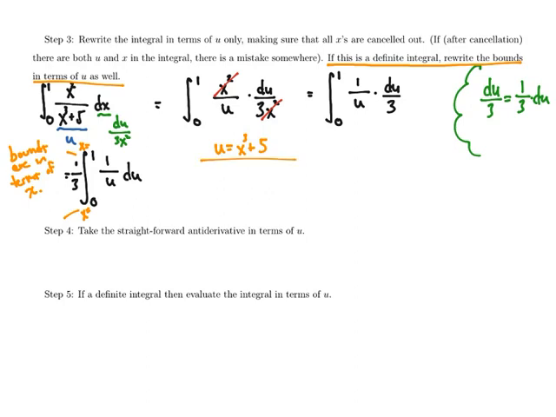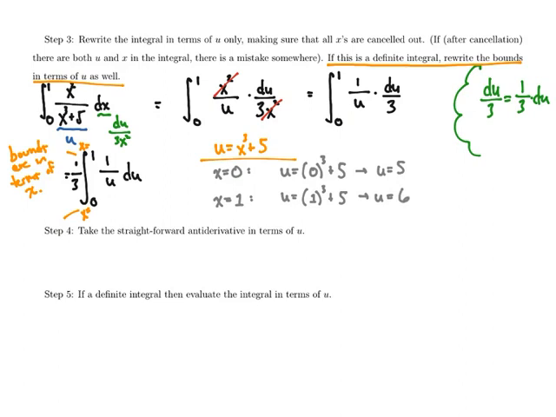So if I have x is equal to 0, plug in 0 to that formula, I have u is equal to 5. And the other bound, x is equal to 1, plug that into our formula, and I get u is equal to 1 cubed plus 5, which is u is equal to 6.